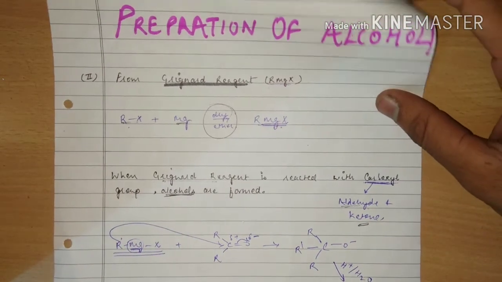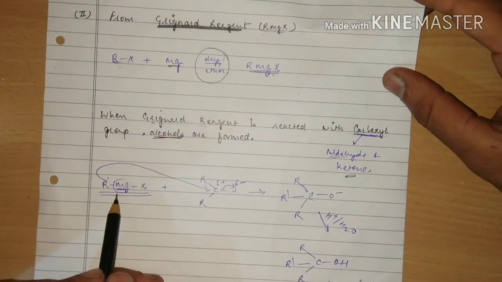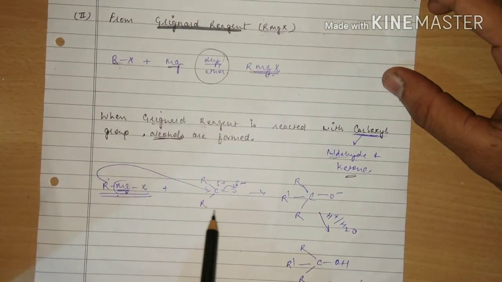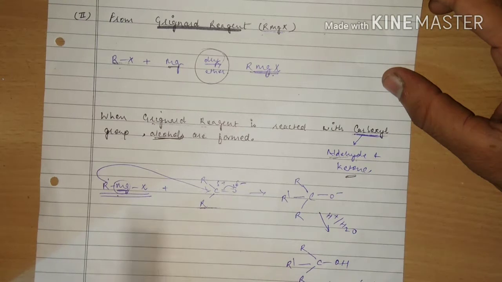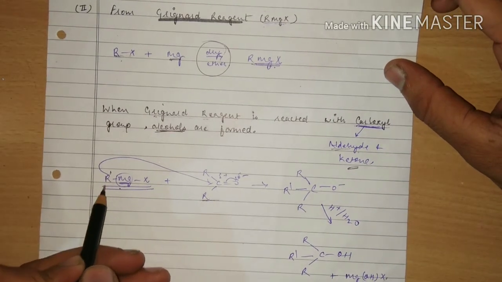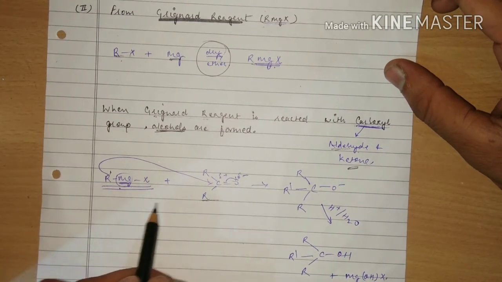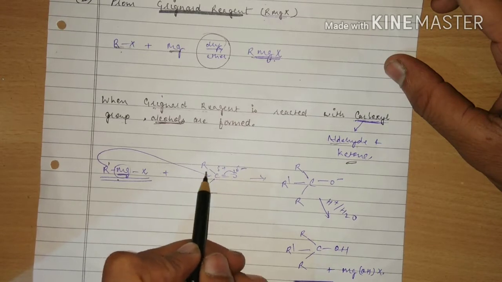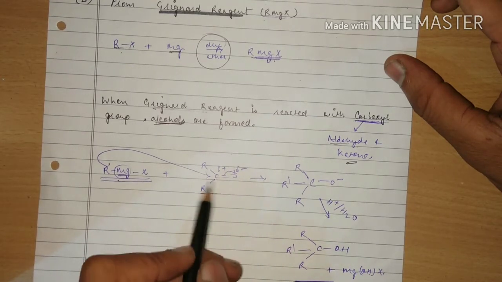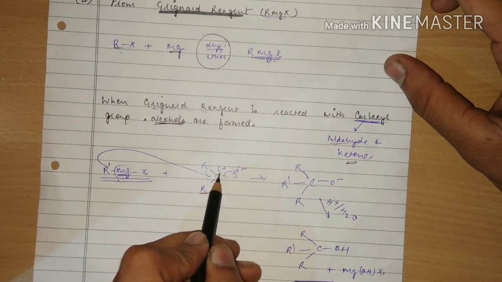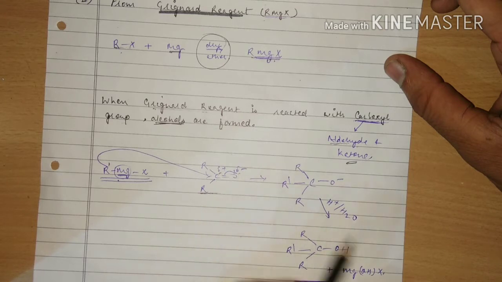Let's see what happens when we react this Grignard reagent with a ketone. Let's take Grignard reagent R-MgX and react it with R2C=O. This C has a partial positive charge and O a partial negative charge.